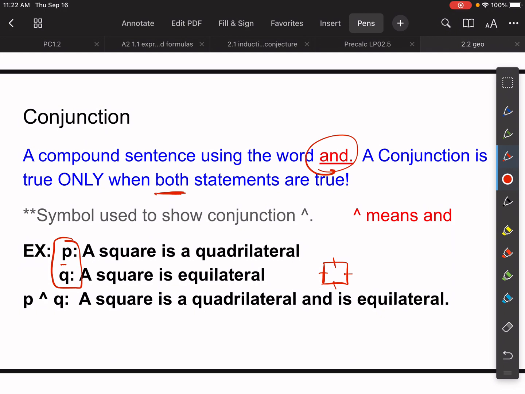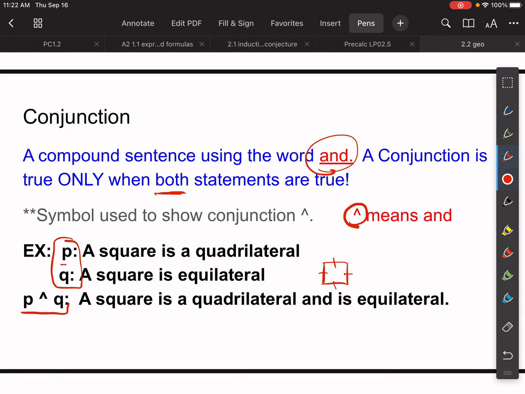If both of those are true, we can show this conjunction with one of these little signs. You might know it as the power sign, because you're trying to show something to a power, and if you can't put the little 2 on your computer, you often use this little caret sign. So this little caret sign means and.